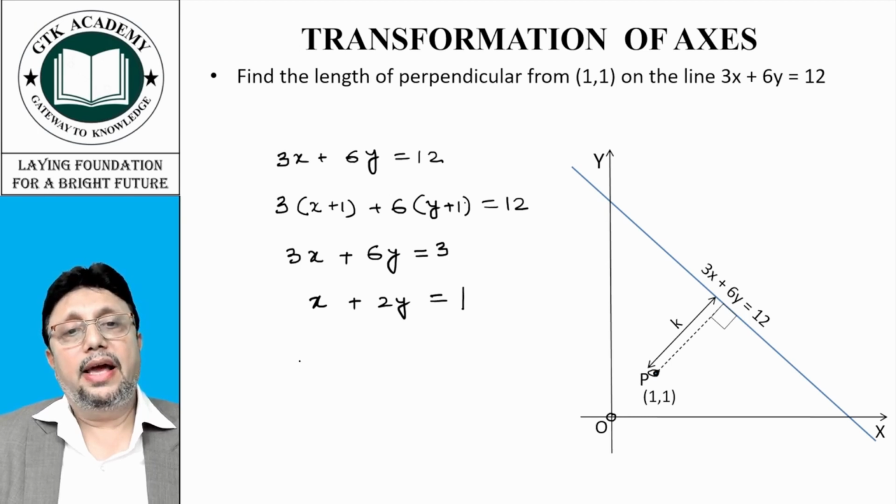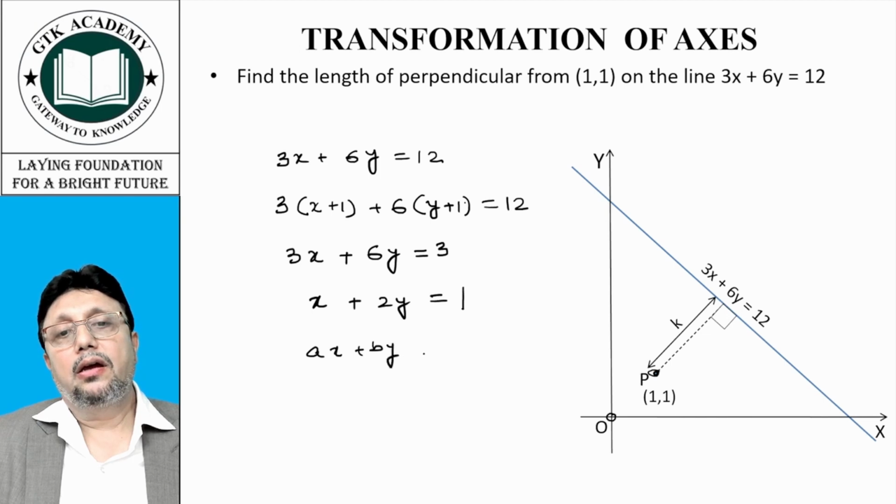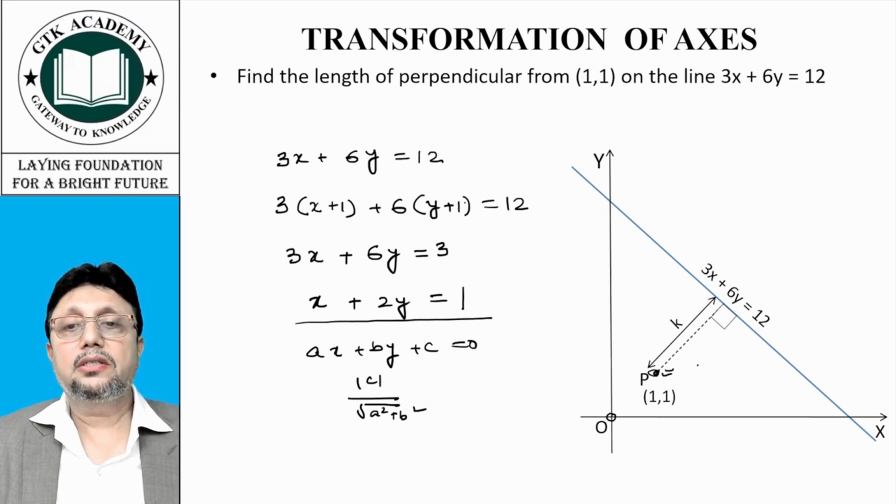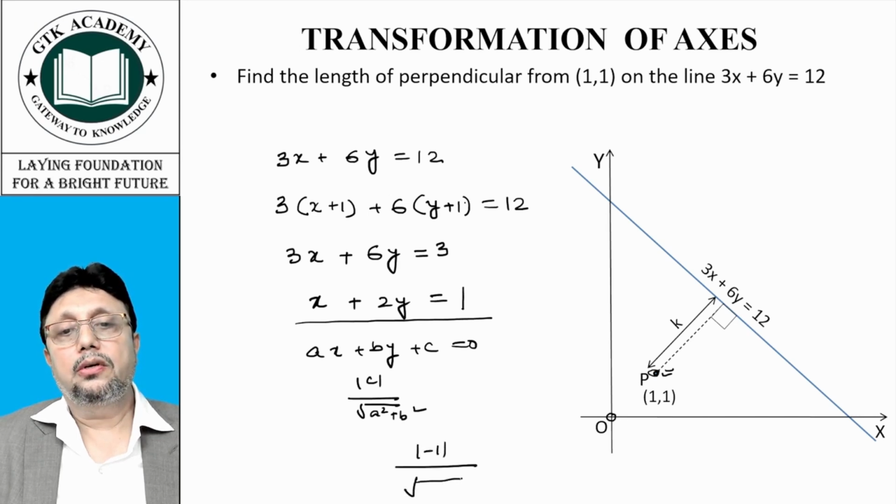Now, the length of the perpendicular on ax plus by plus c is equal to 0 from the origin is mod c upon under root a square plus b square. So here in this equation, the length of the perpendicular from the origin, because now the origin is at P, will be mod of minus 1 upon under root 1 square plus 2 square.